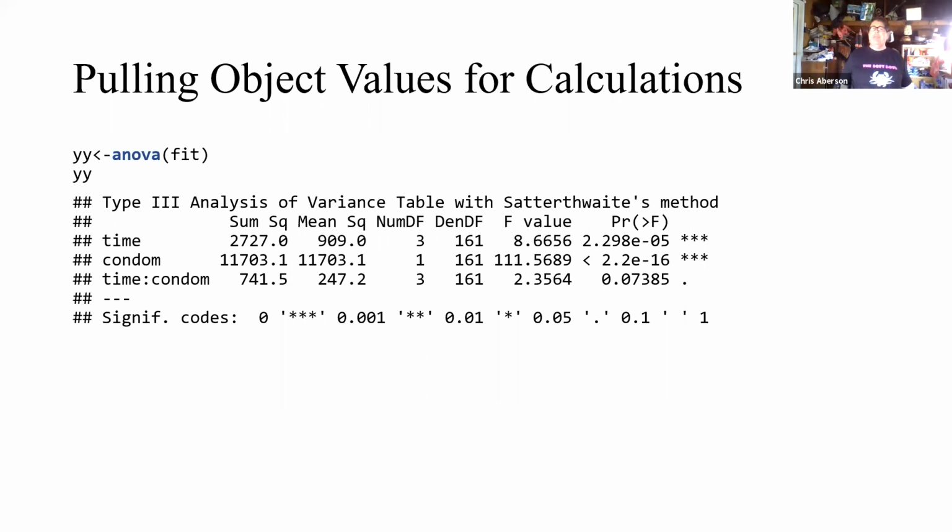It's going to give me some table of some ANOVA values. Well, what do I do with these? Well, I can use those sums of square values to get at the partial eta squared or the regular eta squared.